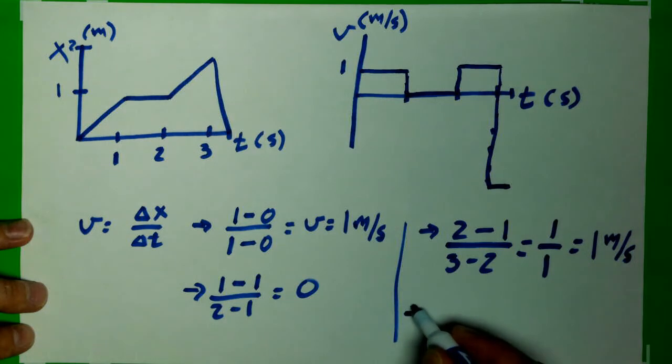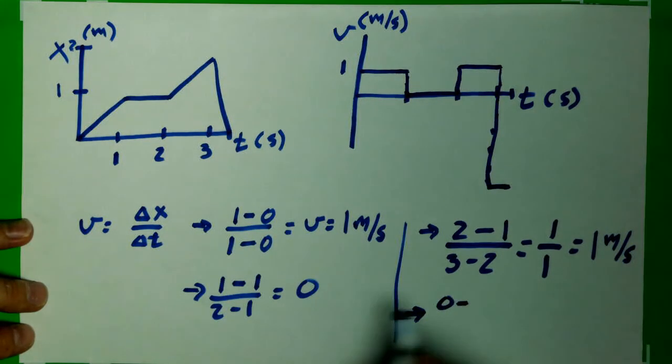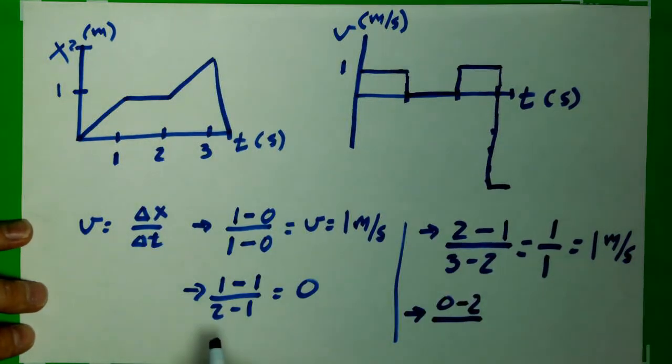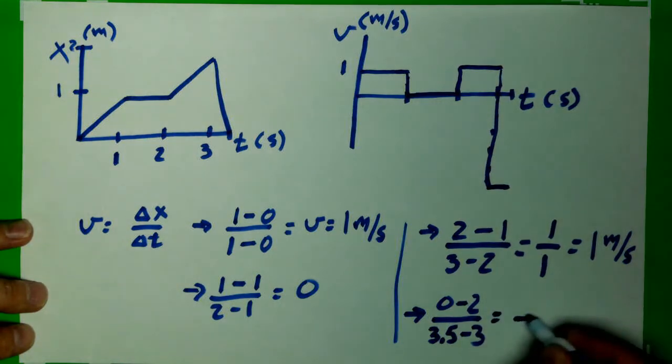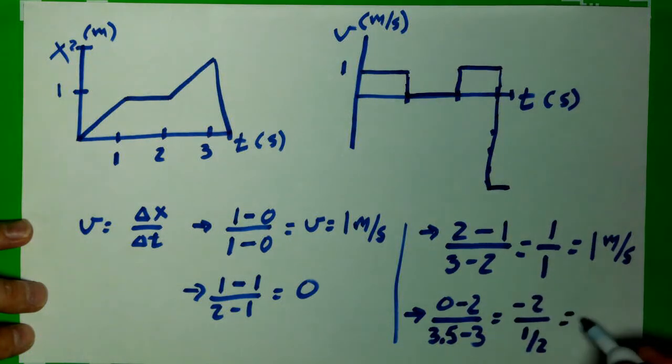Then for that last leg, our final position is 0 minus our initial position, which was 2. Our final time is 3.5 minus 3, and so this gives us 0.5, or 1/2, in the denominator, and a -2 up top, which flipping that denominator around, putting the 2 in the numerator, gives us -4.